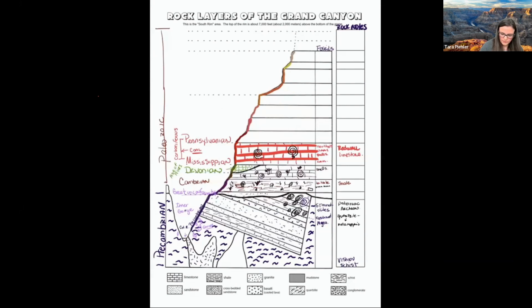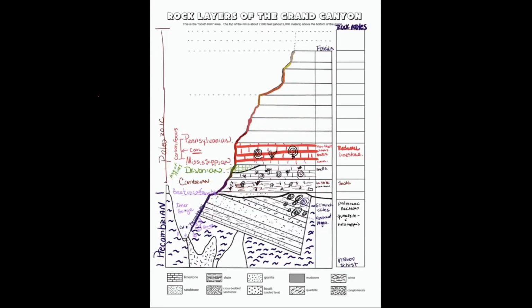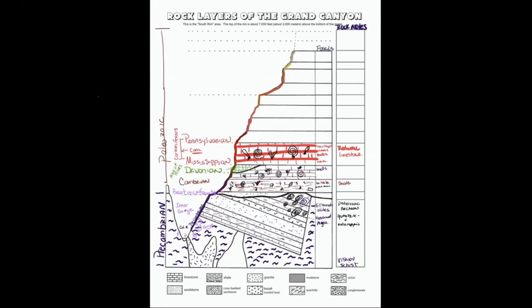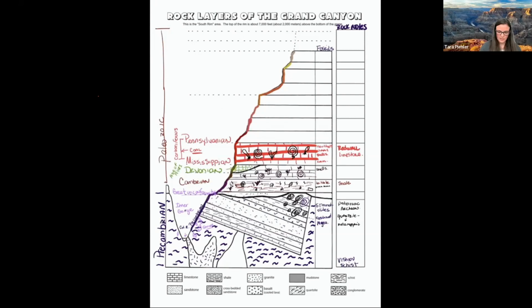We'll have some coral coming out. Mine looks like seaweed. All right, and that's our Mississippian layer.